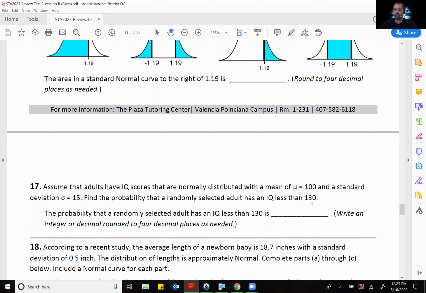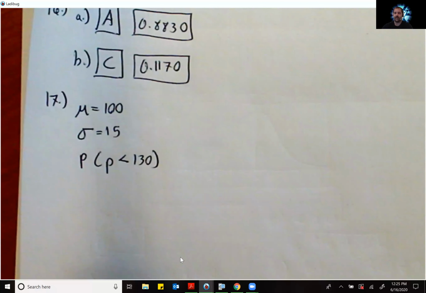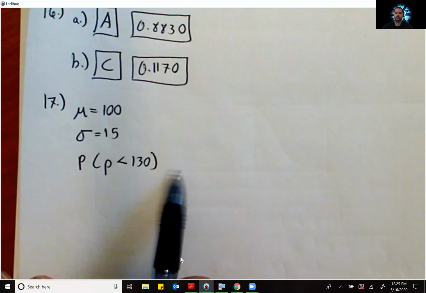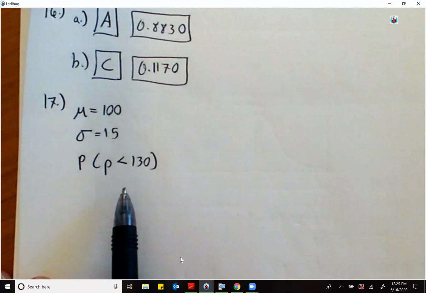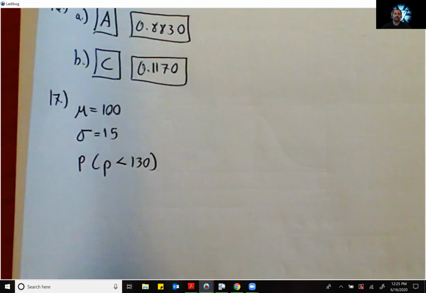So we want the probability that we are less than 130. Okay? So that's roughly what we're looking at. Again, you got two ways that you can do this.